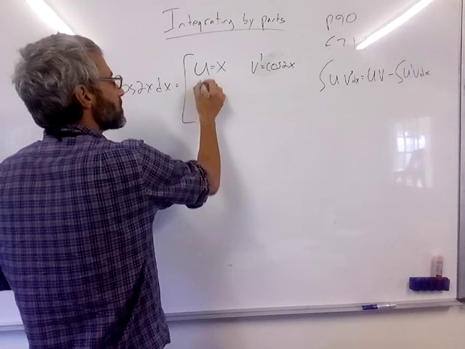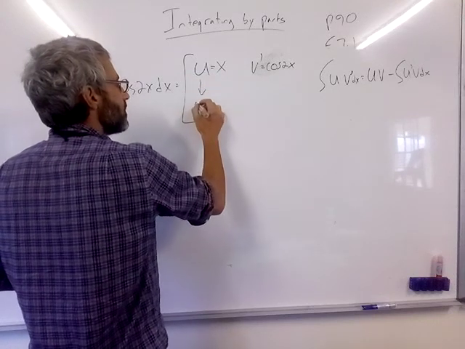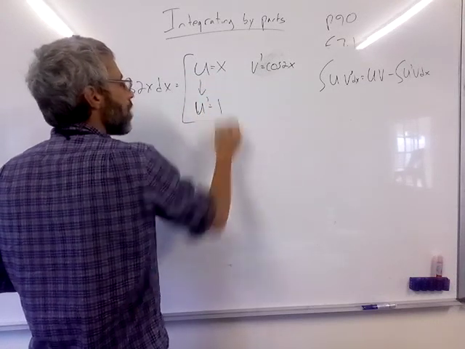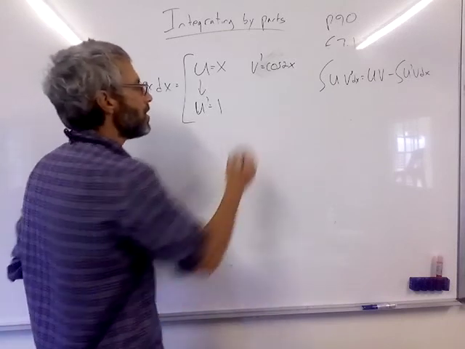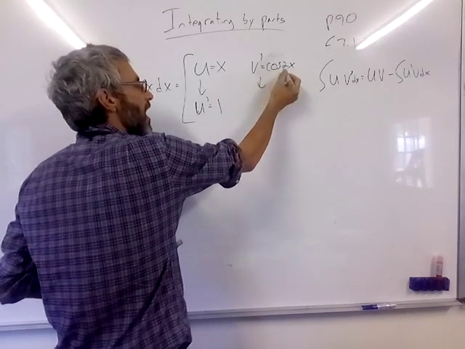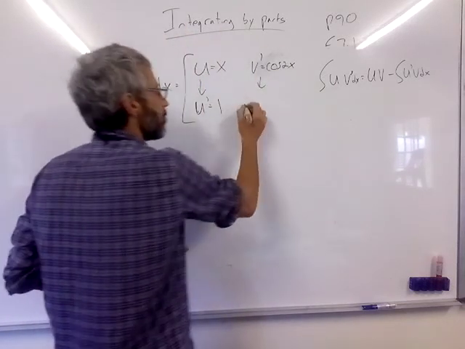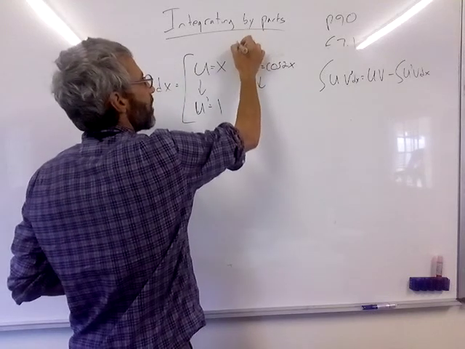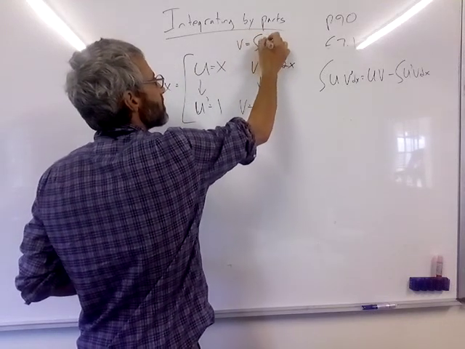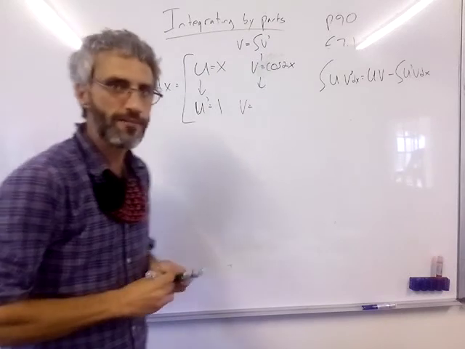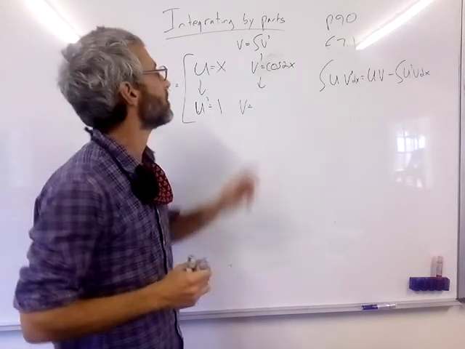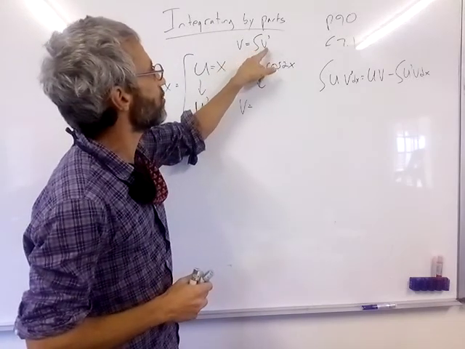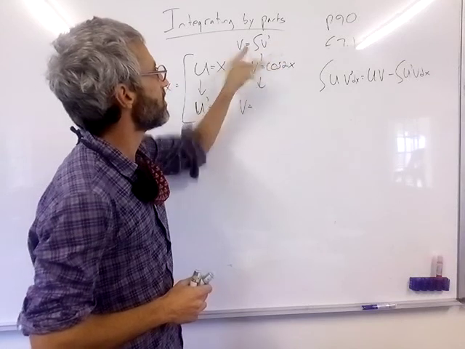Then if u is x, u prime is 1, right? The derivative of x is 1. Whereas if v prime is cosine 2x, I need to figure out what v is. V is the integral of v prime. Again, fundamental laws of calculus, right? The integral of the derivative of v is simply v.